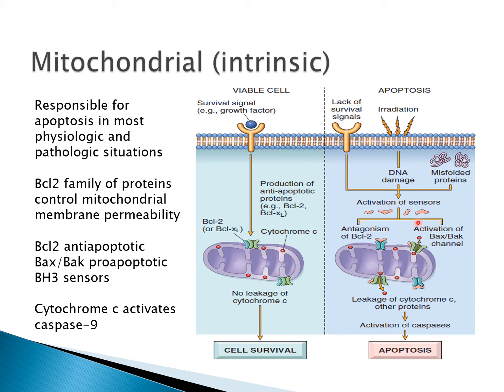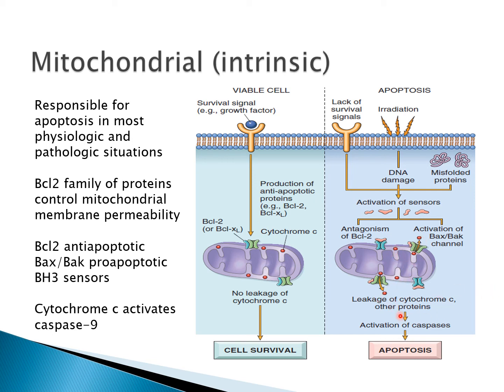These sensors will activate BAX and BAK, the pro-apoptotic proteins, and they will antagonize the action of BCL2 and BCLX. So BAX and BAK will dimerize in the wall of the mitochondria as you see here, and they will form something like pores or channels from which the cytochrome C, the red color here, will leak into the cytoplasm.